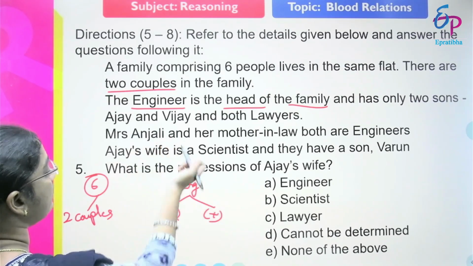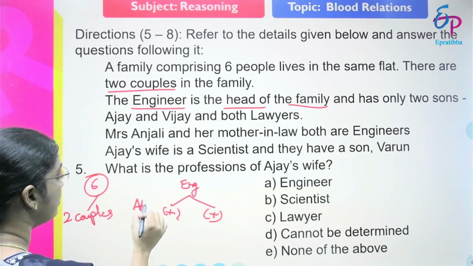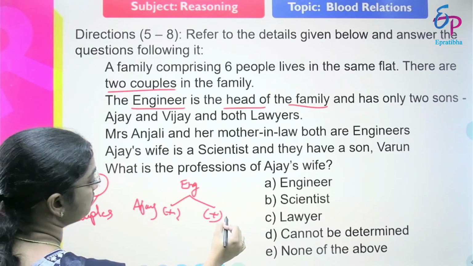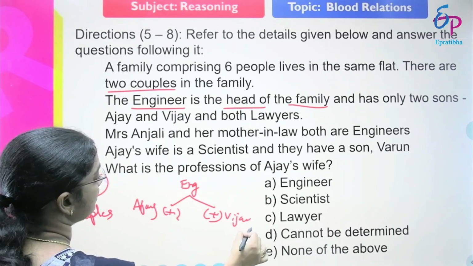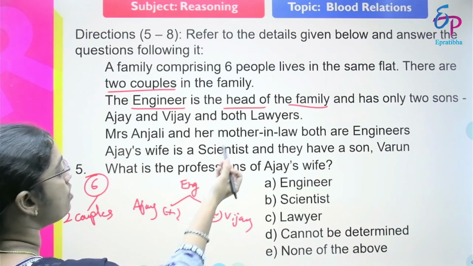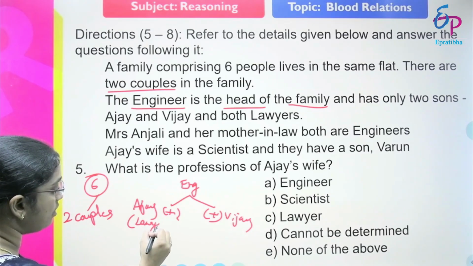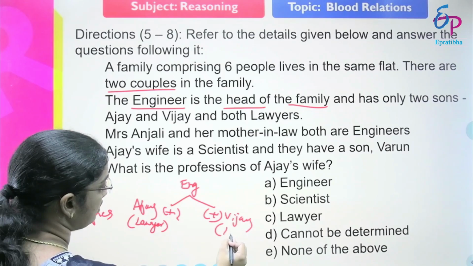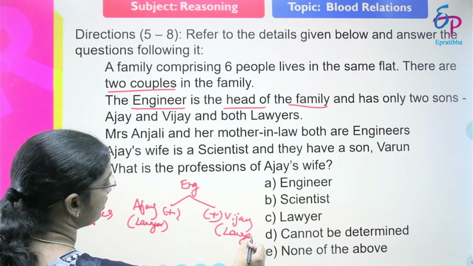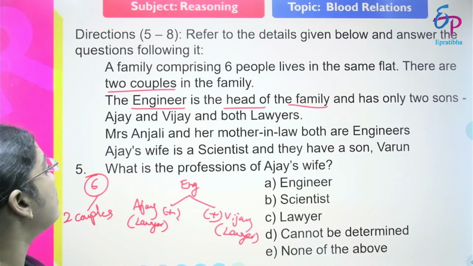They mention clear names, Ajay and Vijay, and both are lawyers, friends. Ajay is a lawyer and Vijay is also a lawyer.